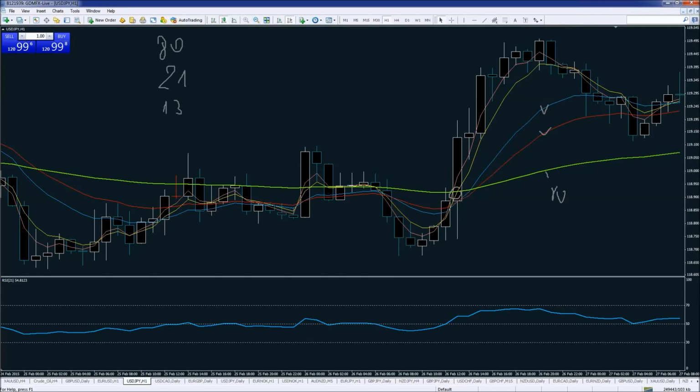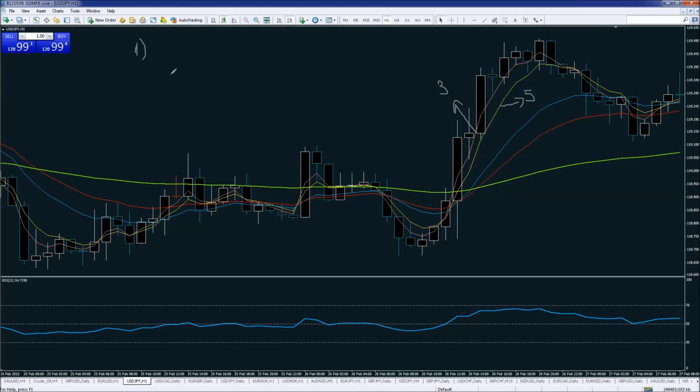So let's talk about the entry conditions. For entry conditions, the first rule involves the moving average with period 3 and the moving average with period 5, the remaining two moving averages which we have here.